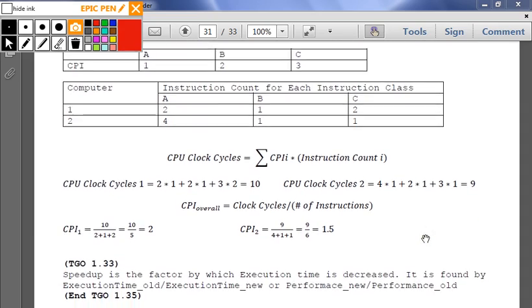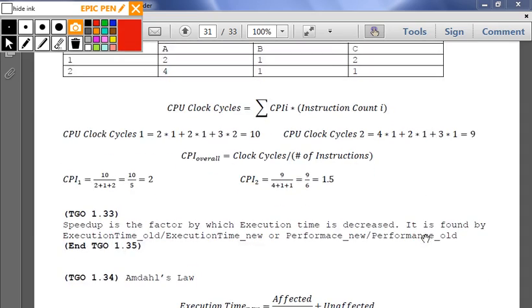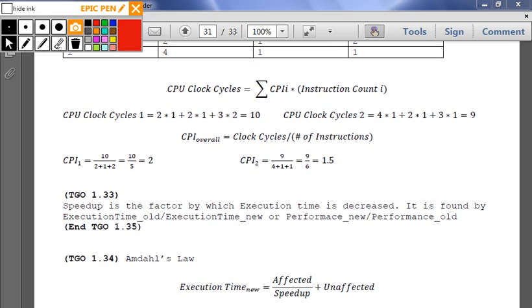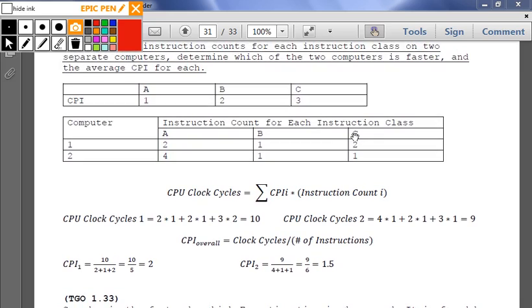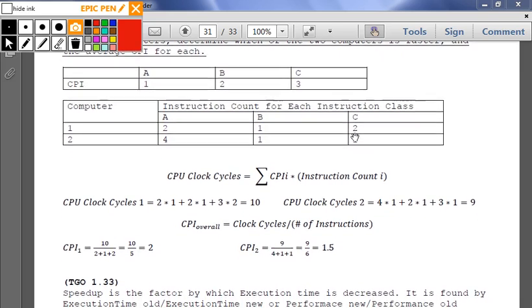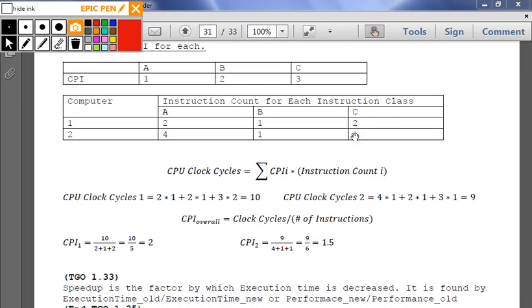And so to show you the actual solution, let me scroll down just a little bit here. For computer 1, it becomes 2 times 1 is 2, plus 1 times 2, which is 2, so that's 2 plus 2 is 4, plus 2 times 3, which is 6, which becomes 10, right?